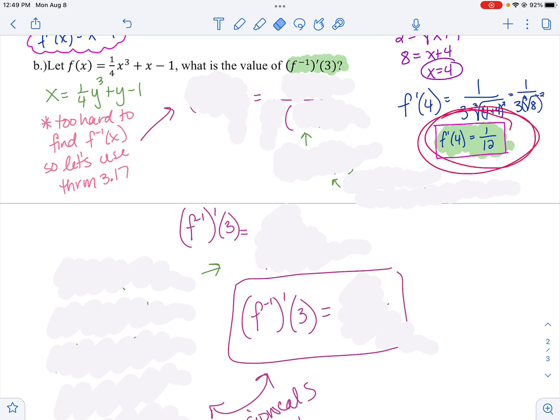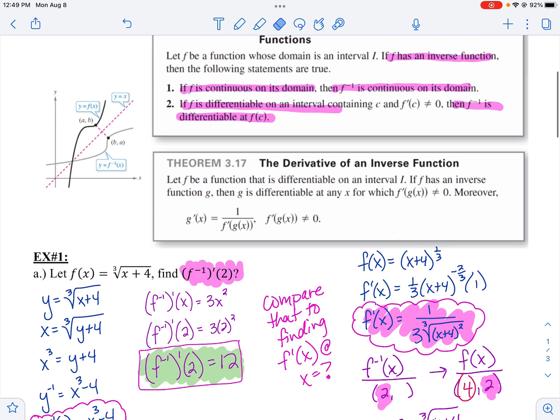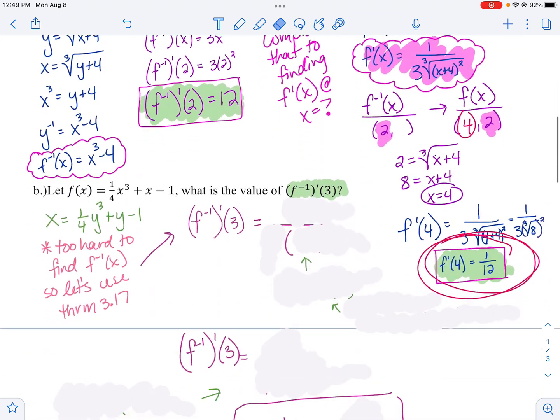So because it is too hard for us to find the inverse function, we can still solve this problem. We can still find the value of the inverse's derivative without having to know the inverse function. I can find the value of the inverse's derivative at x equals 3 if I know this theorem, 3.17.